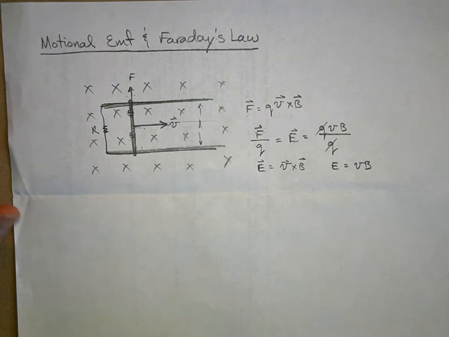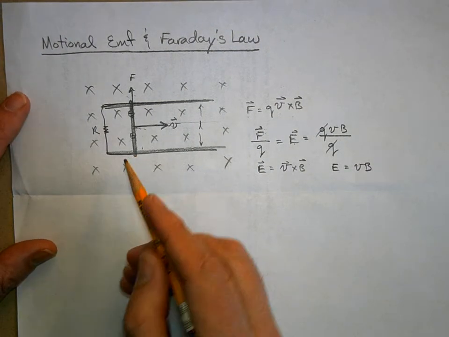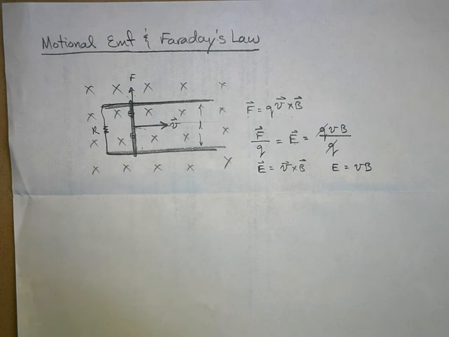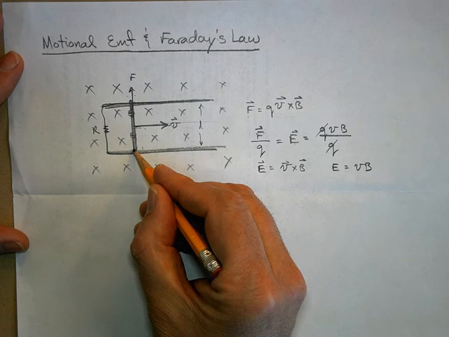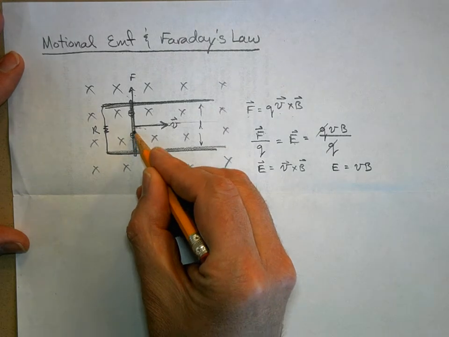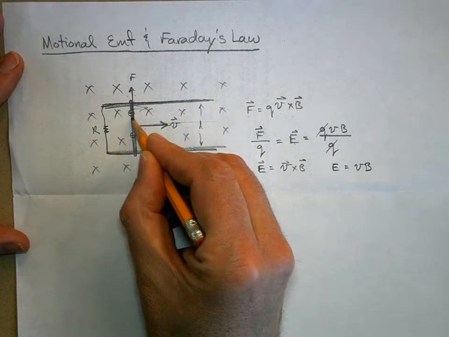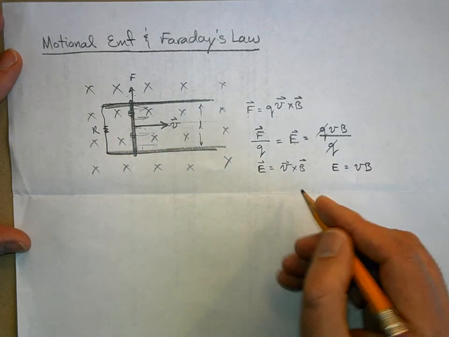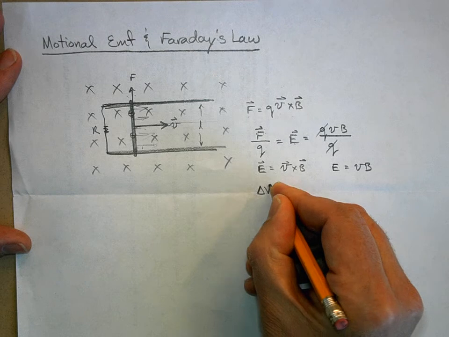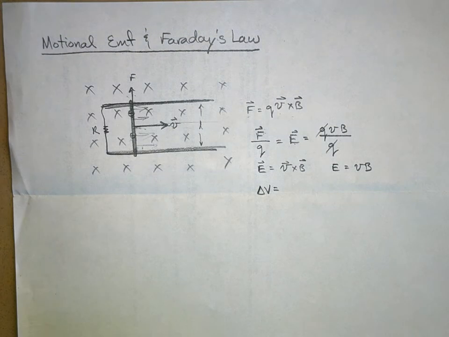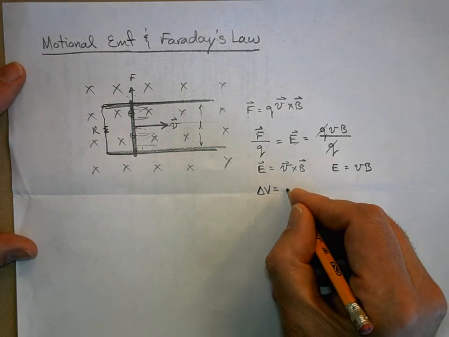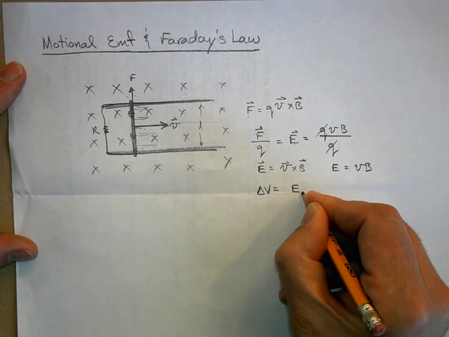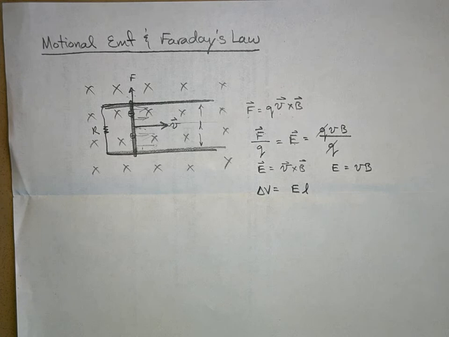But through what distance do we feel this electric field? Well, it starts feeling it here, and it's going to go all the way through here. All of these are feeling the velocity field. So my change in voltage across here is equal to E times L. Right?